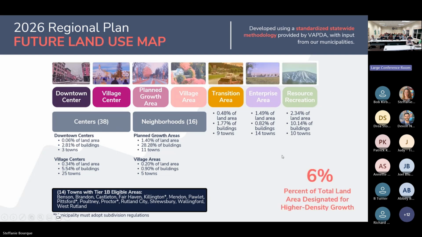But at the end of the day, 6% of the total land area in the Rutland region is currently mapped in one of these 7 categories, which is really where we're prioritizing higher density growth in the region.